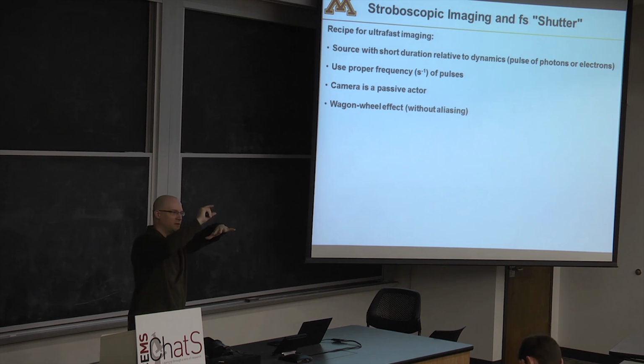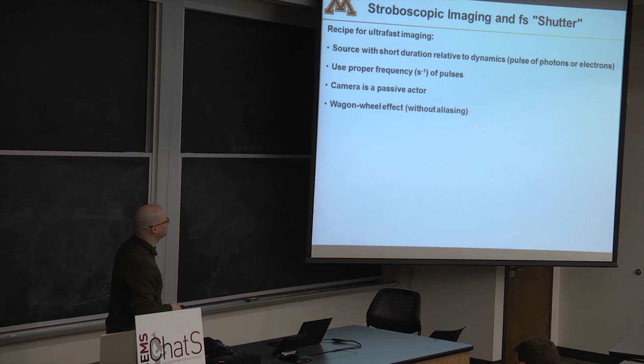I basically want to freeze that motion, and then maybe it moves, do it again, maybe it moves, do it again. If I have a huge packet of electrons moving really slow, this thing's moving as the electrons are passing through, and that's a problem. I'm blurred again, just like Usain Bolt running past your camera. So I need a really short source relative to the dynamics that I want to see.